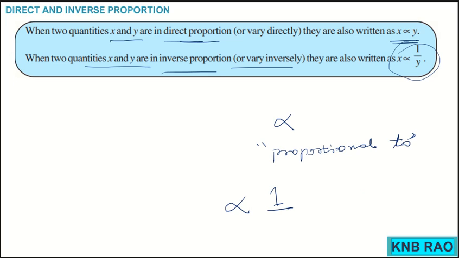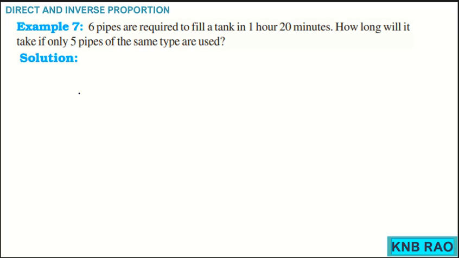Coming to example number 7. 6 pipes are required to fill a tank in 1 hour 20 minutes, that is 80 minutes. Where the volume of the tank remains the same, how long will it take if only 5 pipes of the same type are used?